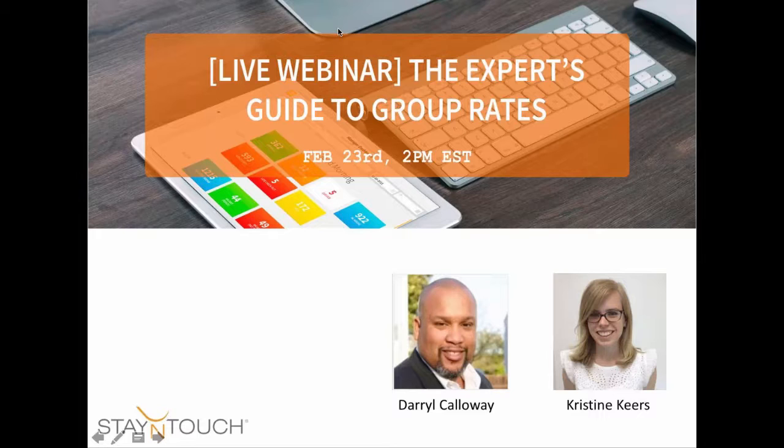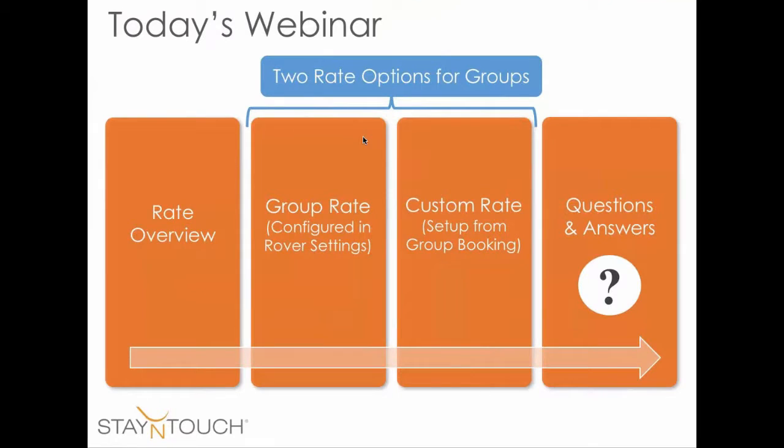In today's webinar, as a quick overview, we will be talking about group rates. There's a lot of questions that we get about group rates and custom rates, but essentially we want to break these down for you so you understand when to use one over the other, or when it's more beneficial for you to use one versus the other. So we'll start with a quick overview of that.